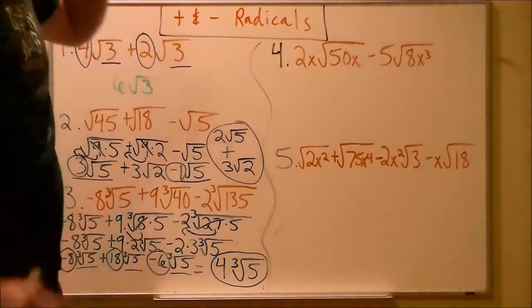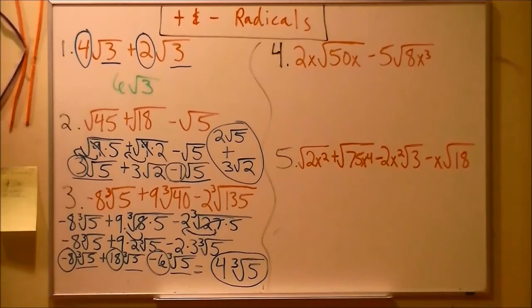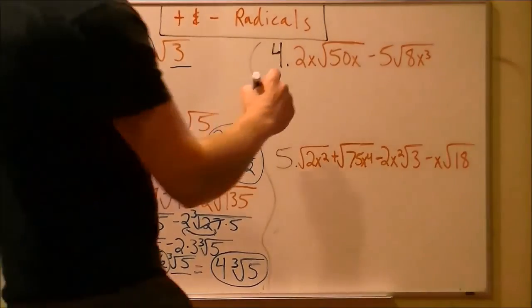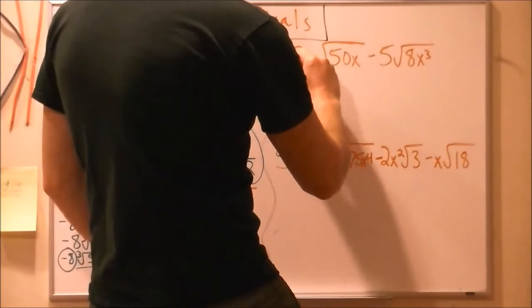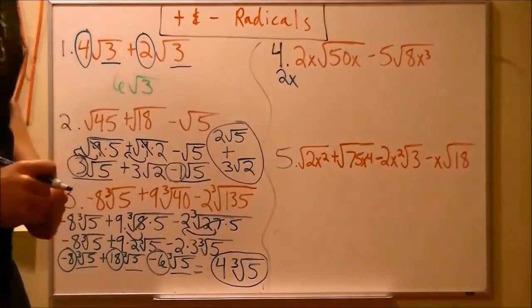Okay, now let's do number 4. Number 4 is 2x times the cube root of 50x minus, we're adding and subtracting radicals, minus 5 times the square root of 8x cubed. Okay, so what I'm going to do is keep my 2x. That doesn't change. We're good there, correct?